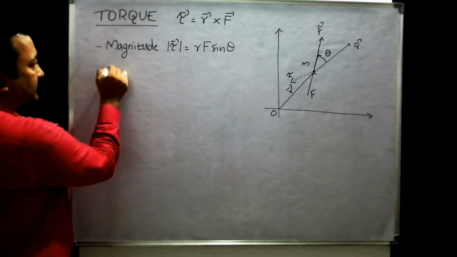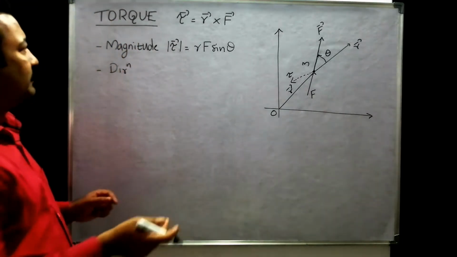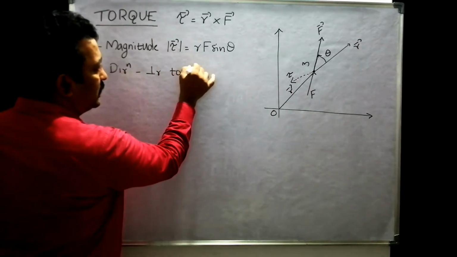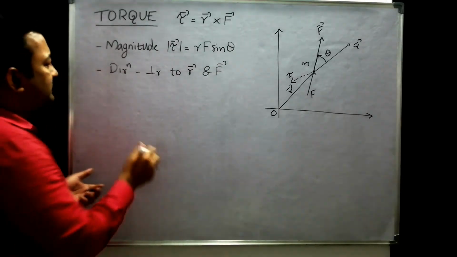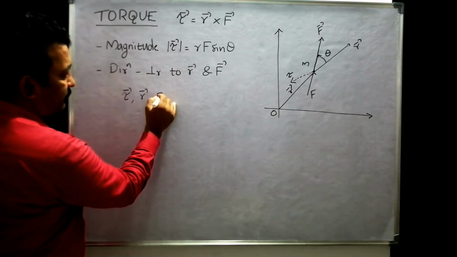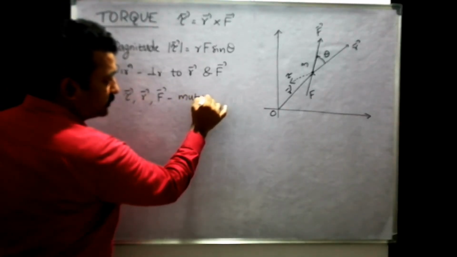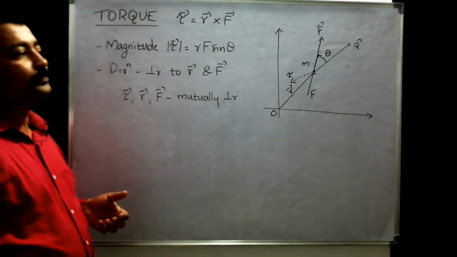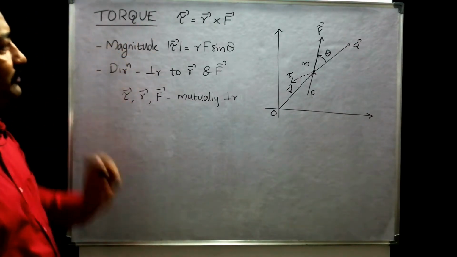And the direction of tau will be perpendicular to R and F. Or in turn you may say that tau, R, F are all mutually perpendicular to each other. So I have got the magnitude of the vector, and I have got the direction of the vector.